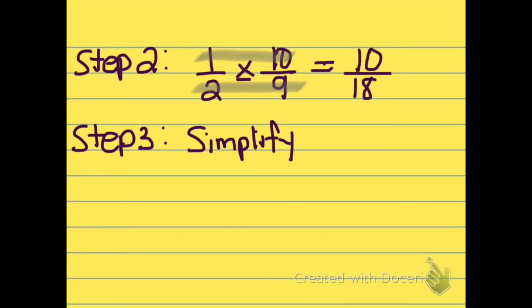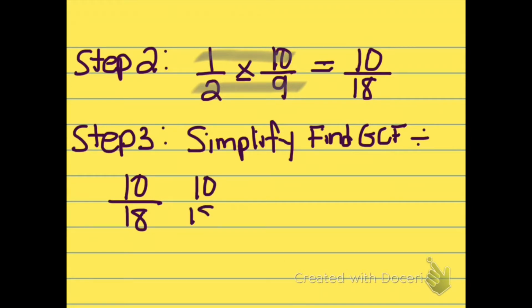Simplify. That means you have to find the GCF. And when you find the GCF, you divide. So here's your fraction, 10/18. We have to find the GCF of 10 and 18.